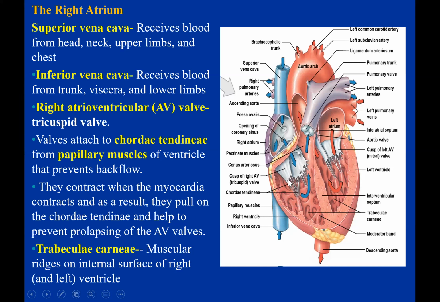These strands are called chordae tendineae. So we have the three cusps that are attached to chordae tendineae. It is attached to a nipple-shaped muscle called papillary muscle that comes from the floor of the ventricle here. It is irregular here. It's called trabeculae. The muscles that are protruding in the ventricle are called trabeculae.